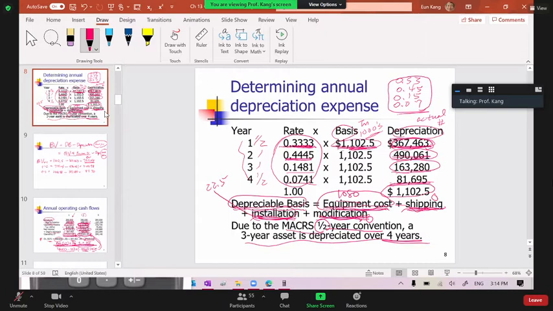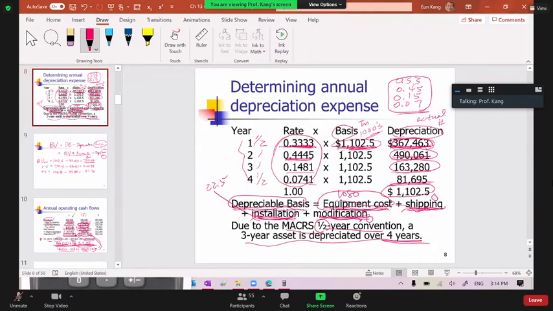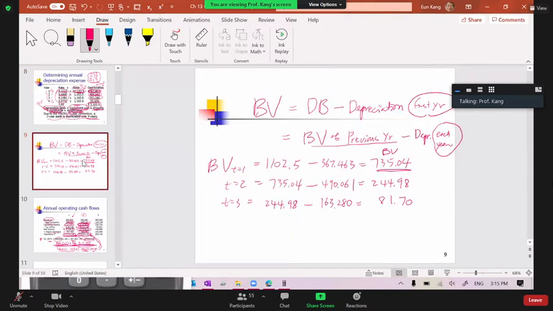I could also make this one 1,102,500 in real numbers, but to save space, just in thousands. So everything is in thousands.